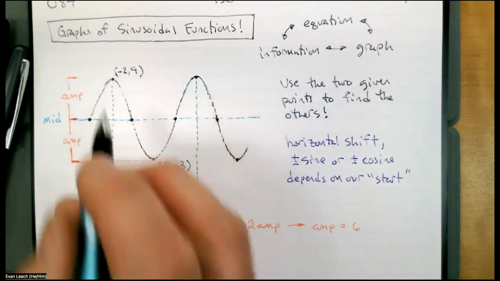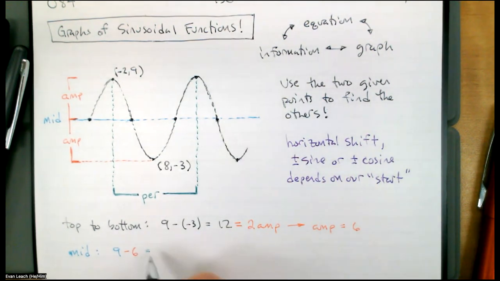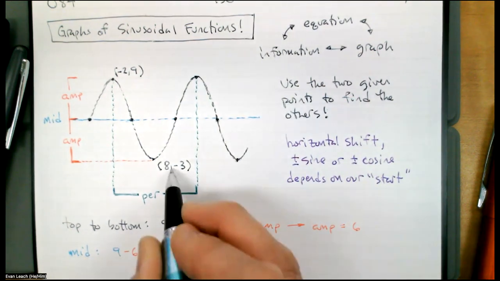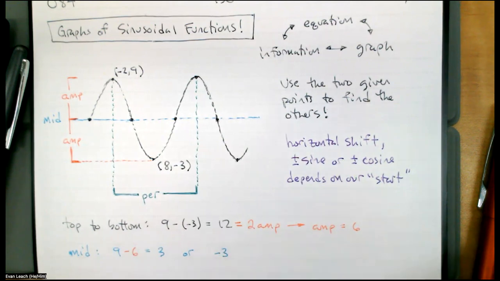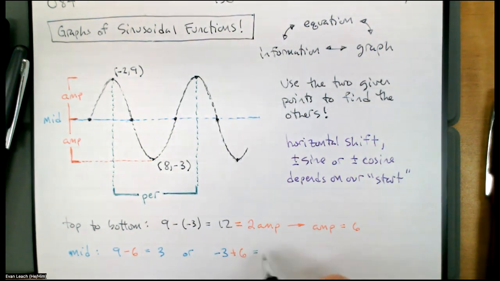We can either start at the 9 and subtract 6. So where does that tell us the middle is? 3. Or we can do the bottom, -3, and add 6. The middle will be 6 units up from the bottom. And this tells us the middle is at 3.